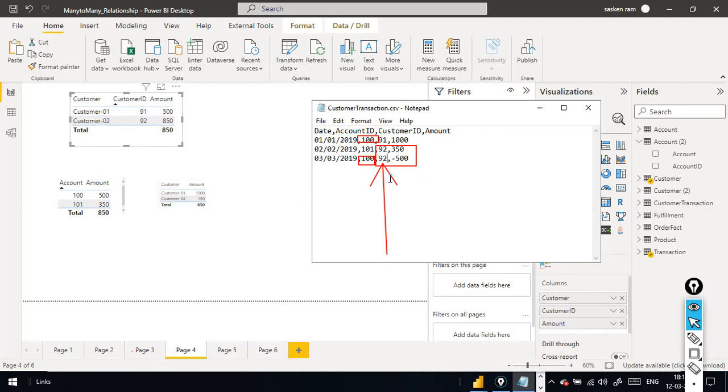But in this case, it is not going by the account ID, it is literally going by the customer ID, because you are doing the filtering based on the customer ID. So for 92, it does this sum: minus 500 plus 350 gives minus 150, and for 91, 1,000. This is not showing the correct answer. You understood?